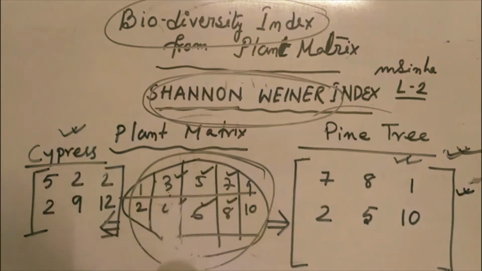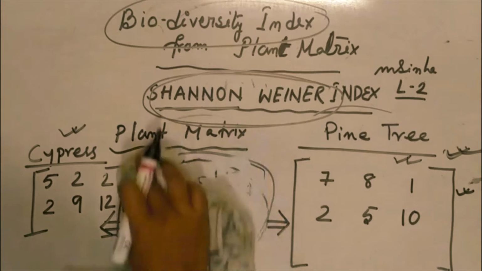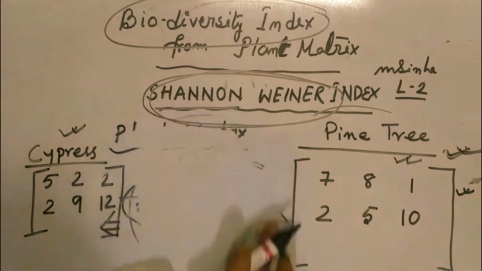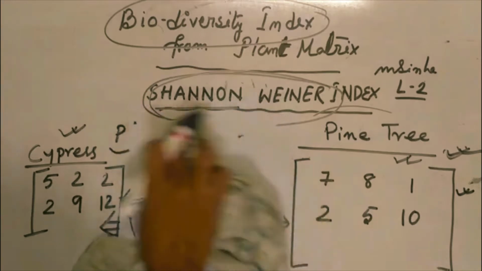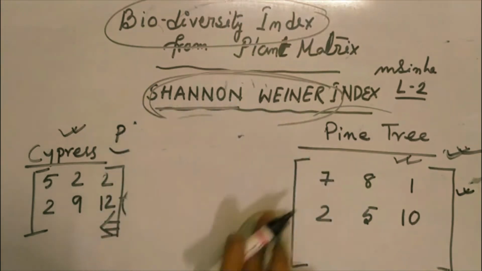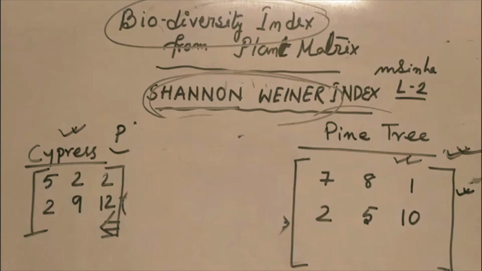Now how will we calculate the diversity index? For the diversity index, we are following the formula of Shannon. What is the formula of Shannon? We are taking the Shannon formula in the easiest, simplest way.